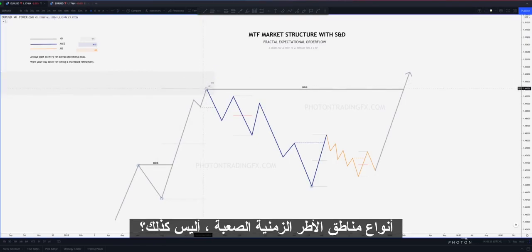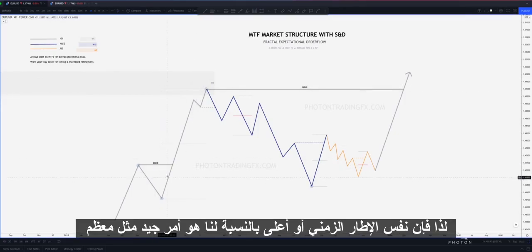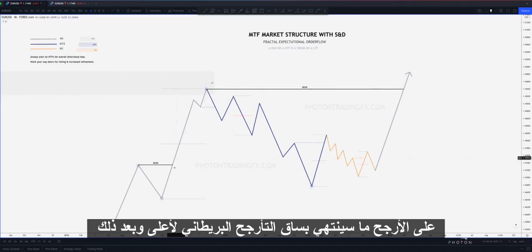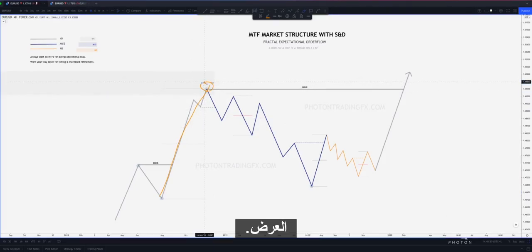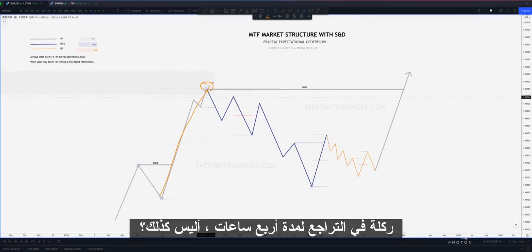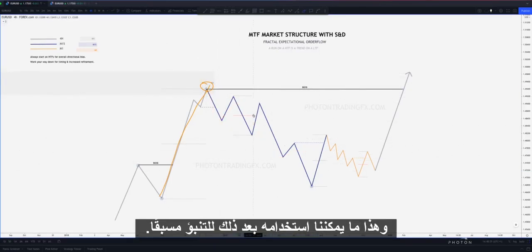Those are the types of higher time frame zones. So the same time frame or higher for the 4-hour is most likely what is going to end the 4-hour bullish swing leg up, and then it mitigates that 4-hour area of supply. And because it's a 4-hour area of supply, that should be strong enough to kick in a 4-hour pullback, right?